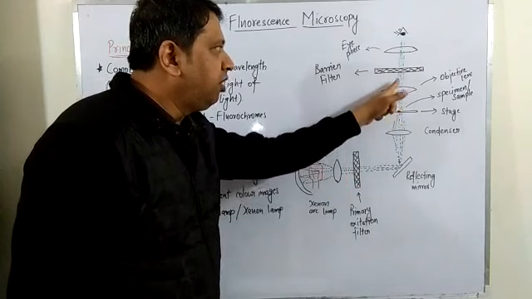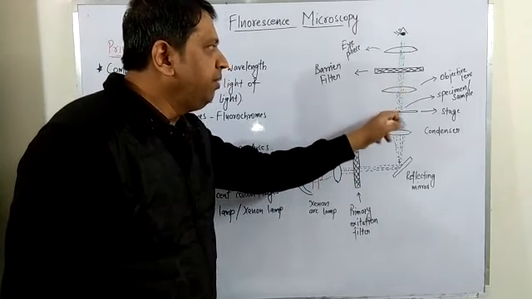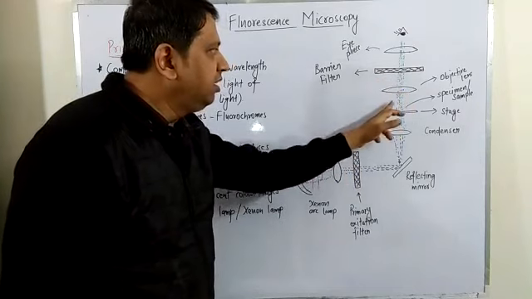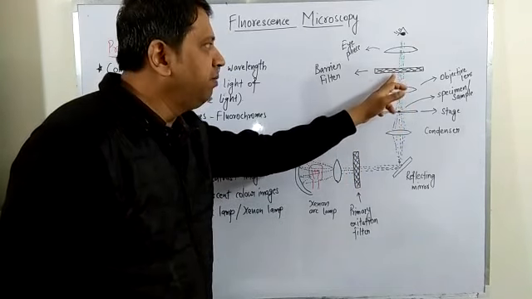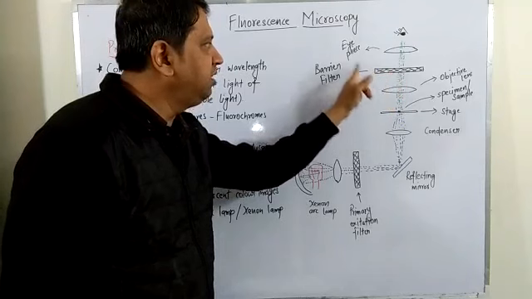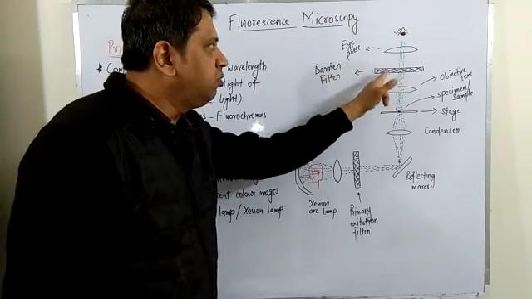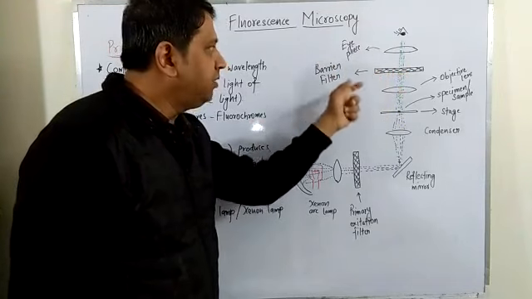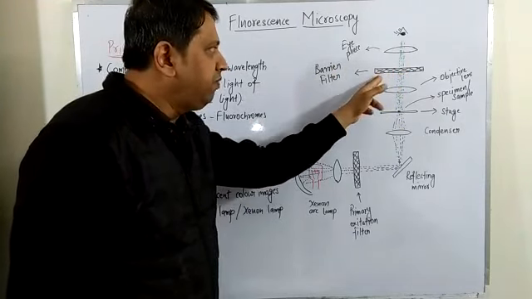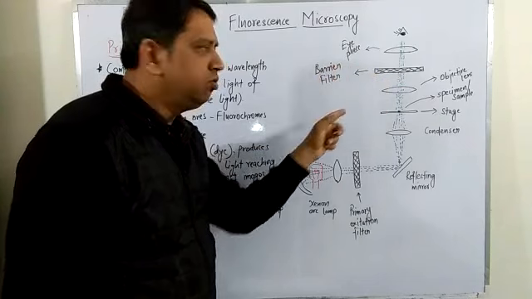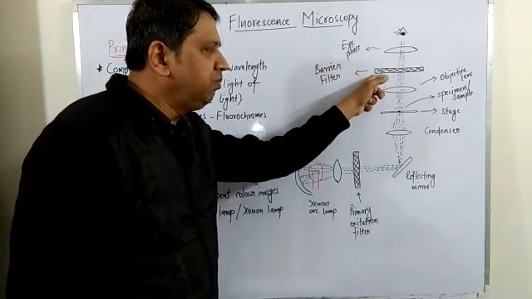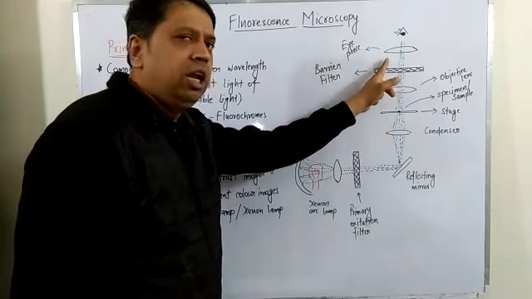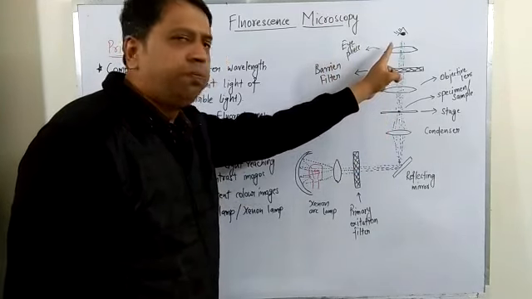Here, what is happening? The blue light and the green light together are coming in the upward direction, and they pass through the barrier filter. The function of the barrier filter is to stop the remaining blue light and allow only green light to pass through.